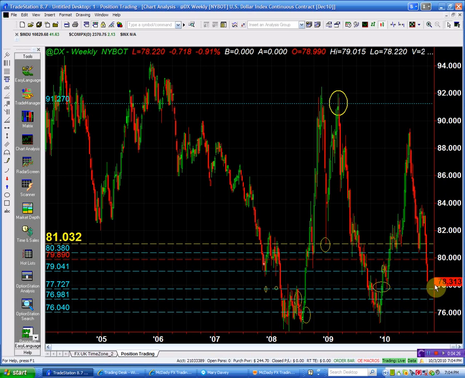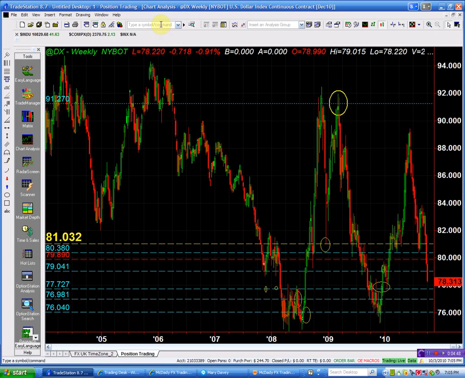We do have maybe 60 or 70 points on the index before that decline might, and I underscore the word might, but the dollar should be continuing its decline.